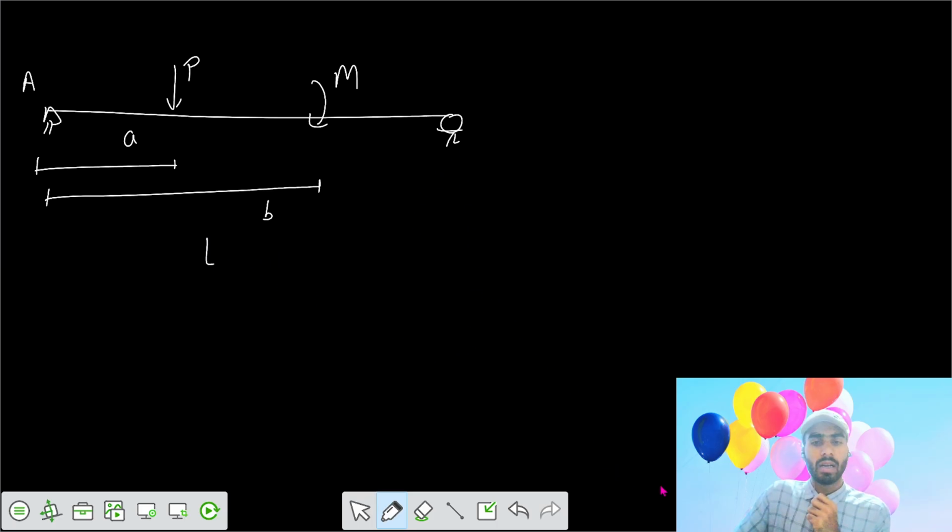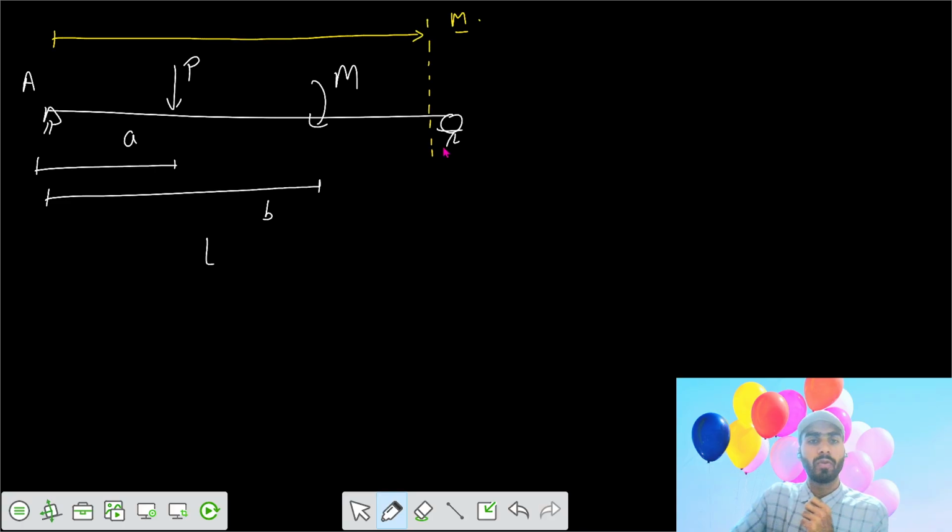If you want to solve this question with Macaulay's method, you have to make one single moment equation at x just before the end. Say here the shear force is V and the moment is Mx.